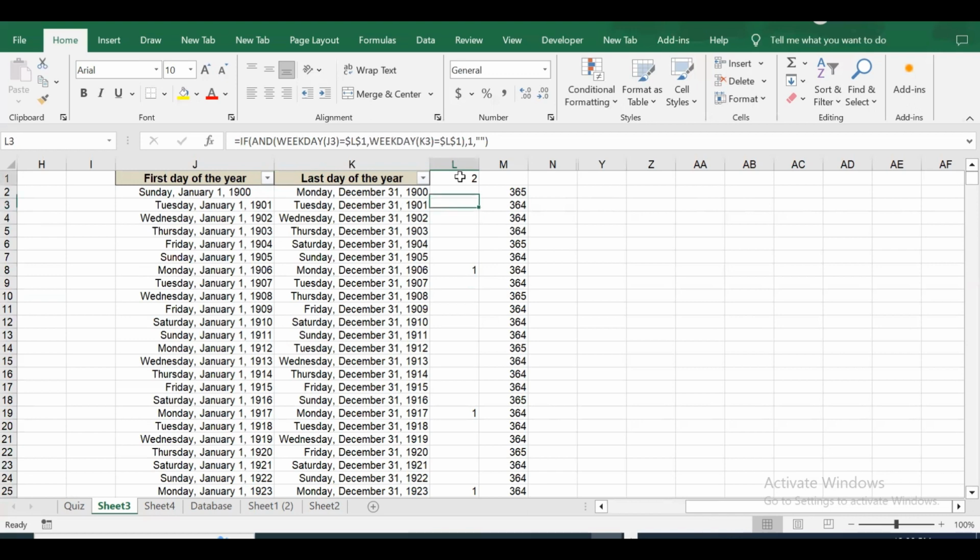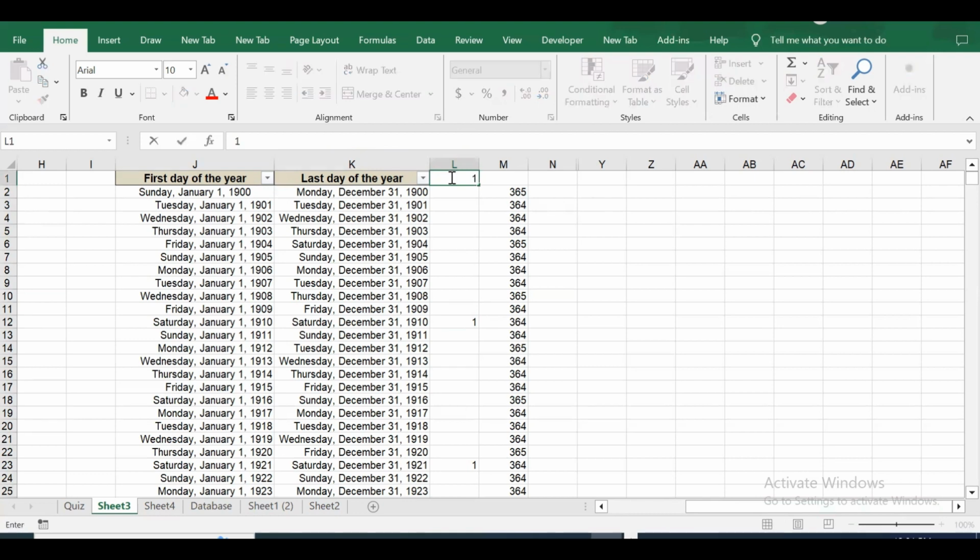For example, you want to find those years which start with Sunday and end on Sunday too.